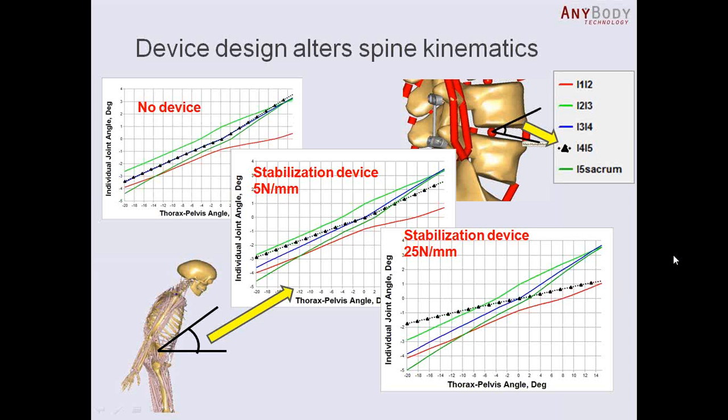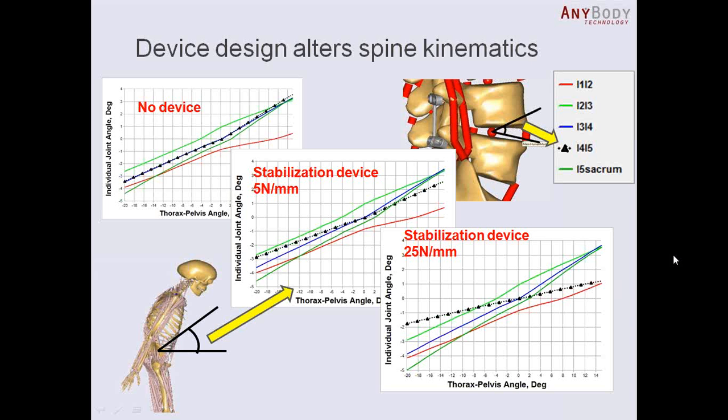Now let's jump to the image in the bottom right for the case where a stiff implant has been put in place at the L4, L5 level. You can immediately see that the black curve for L4, L5 rotation has flattened out, indicating that the device is doing its job to constrain motion at the operated level.